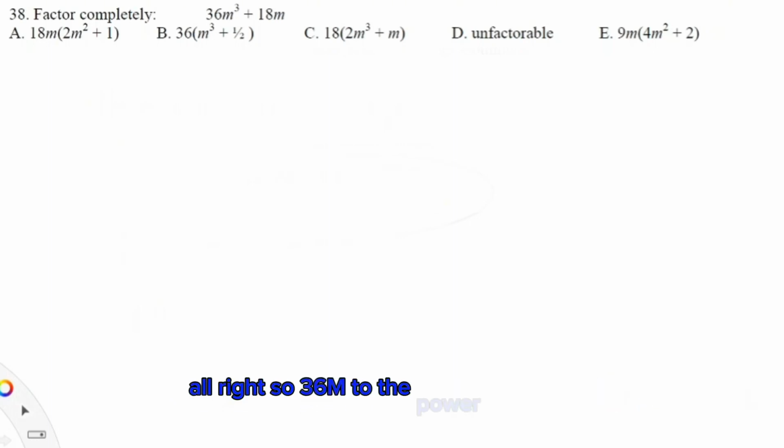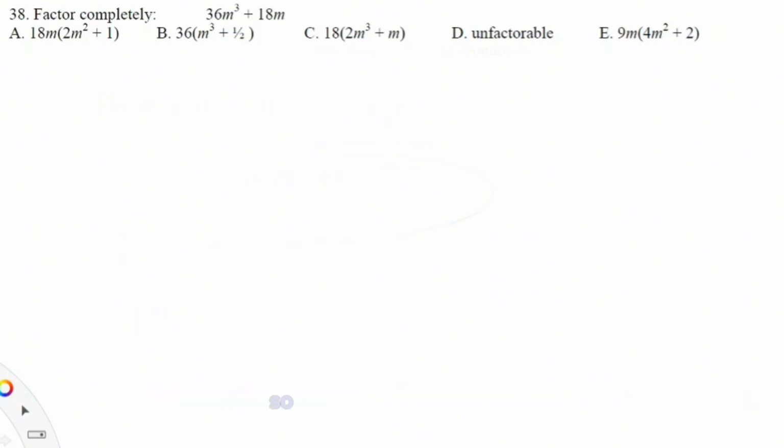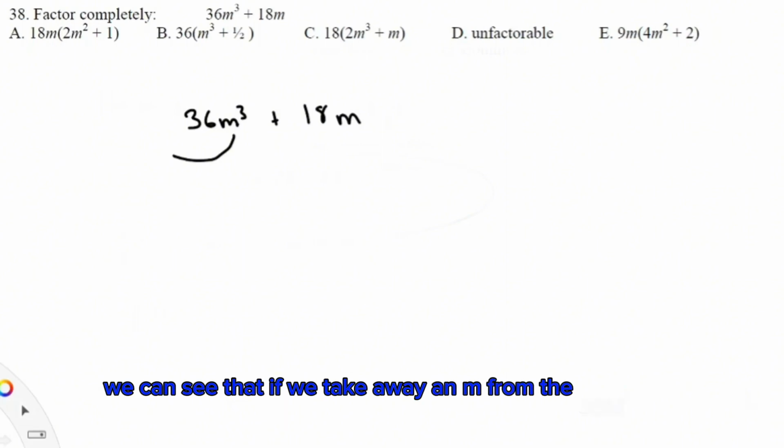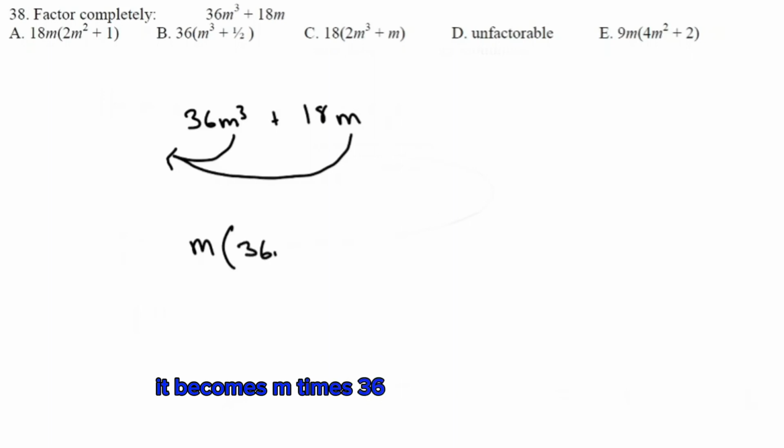Alright, so 36m to the power of 3 plus 18m. If we are to factor that, we just have to take out whatever is in common and bring it outside. Right off the bat, we can see that if we take away an m from the 36m cubed and the 18m, it becomes m times 36m squared plus 18, because we've taken away 1 out of 3 m's and 1 out of 1 m's.